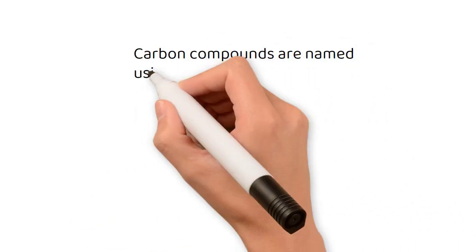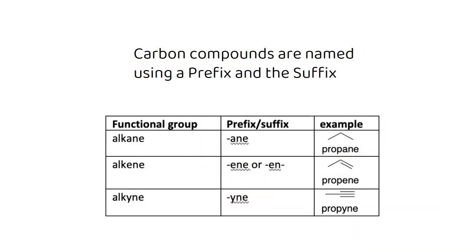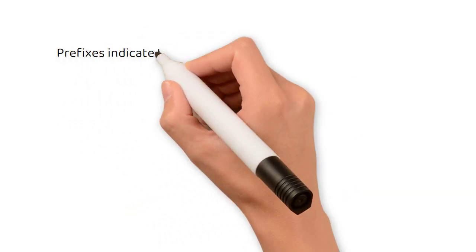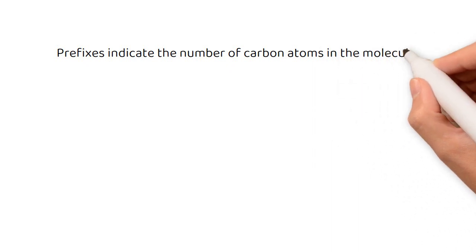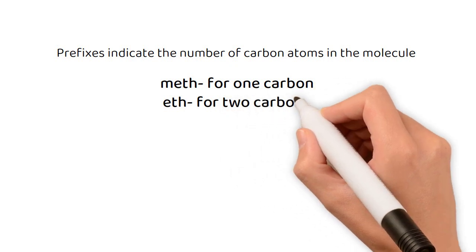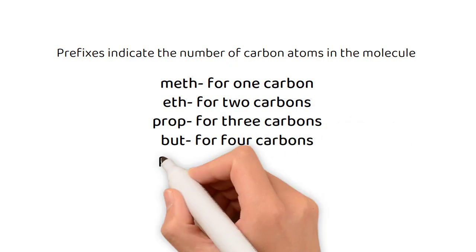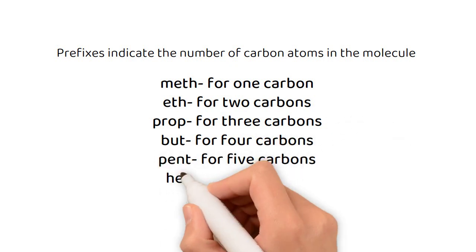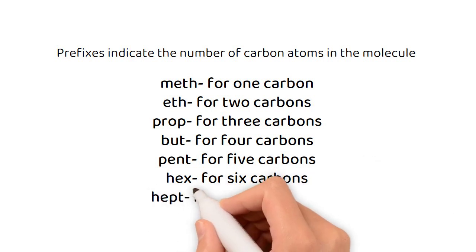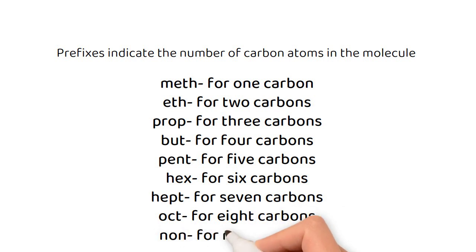Carbon compounds are named using a prefix and the suffix ANE for single bonds, ENE for double bonds, and YNE for triple bonds. Prefixes indicate the number of carbon atoms in the molecule starting with METH for 1 carbon, ETH for 2 carbons, PROP for 3 carbons, BUT for 4 carbons, PENT for 5 carbons, HEX for 6 carbons, HEPT for 7 carbons, OCT for 8 carbons, and NON for 9 carbons.